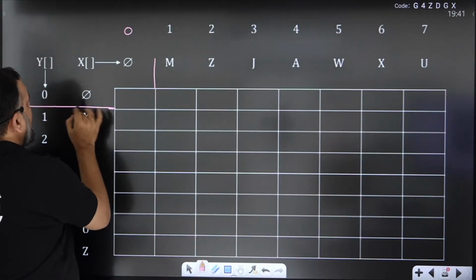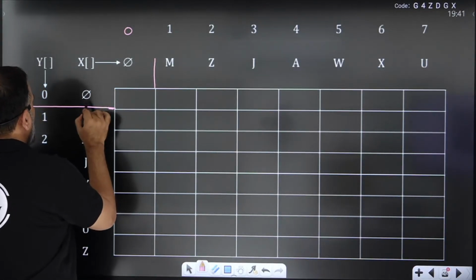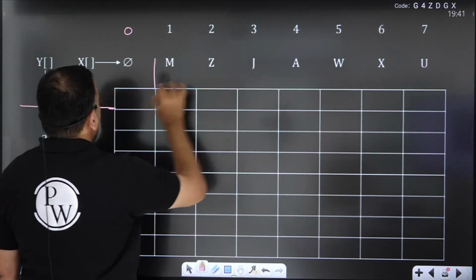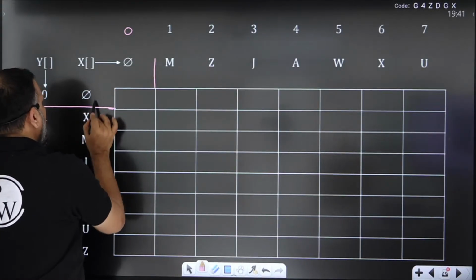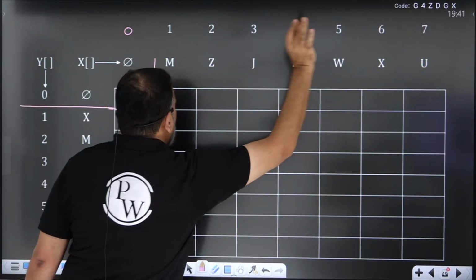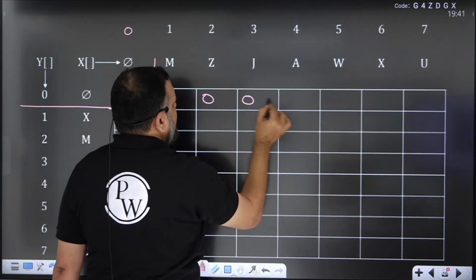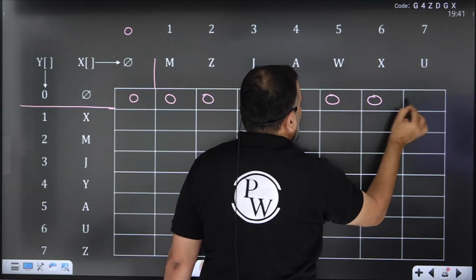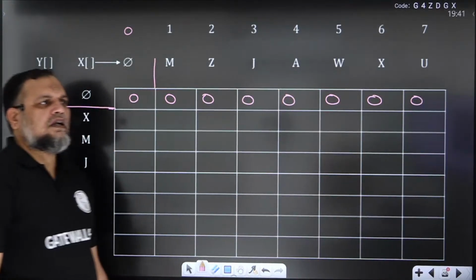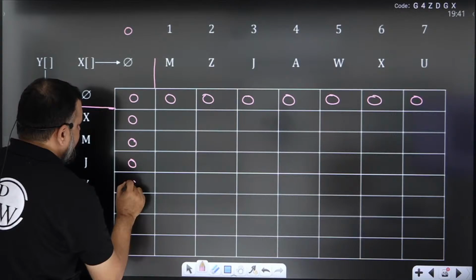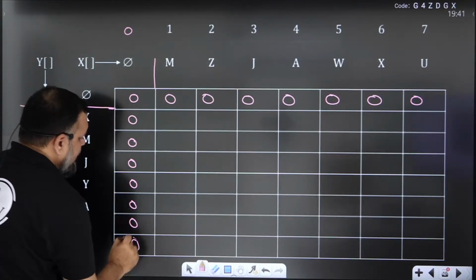String with null character in Y, and whatever number of characters in X. String Y with 0 characters and string X with any number of characters, length of common subsequence is 0 as per initial condition. If I is equal to 0, J is equal to 0, then it is 0. So therefore, first row and first column is 0.